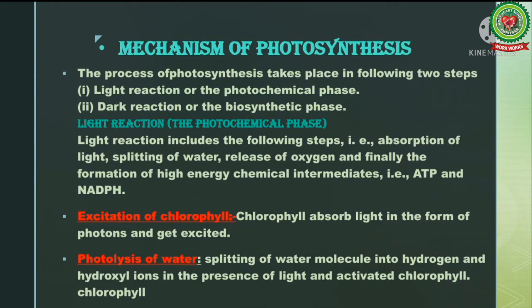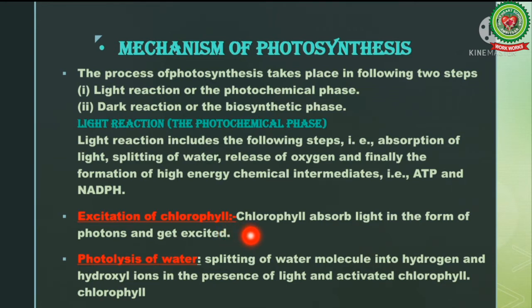Now let's discuss the steps of light reaction. Light reaction includes following steps. The first step is excitation of chlorophyll. The chlorophyll on exposure to light absorbs radiant energy as photon and becomes activated. Next is photolysis of water. Here photo word means light and lysis means splitting.